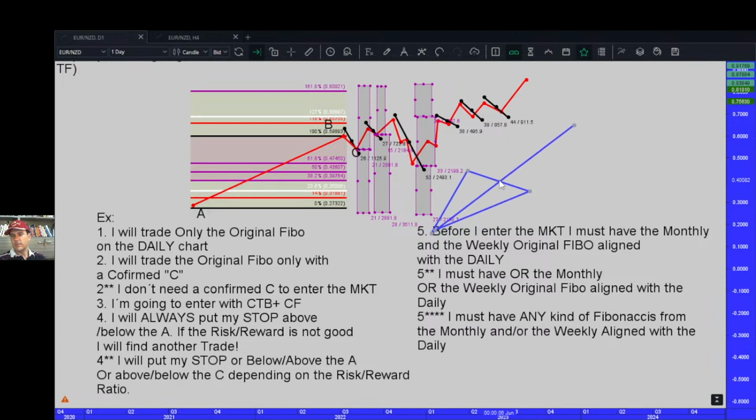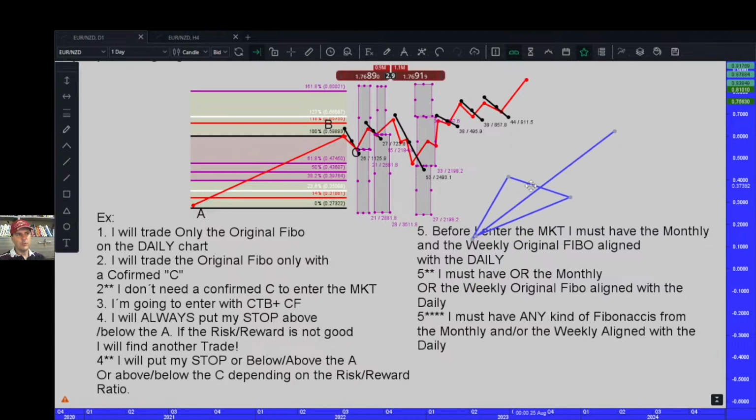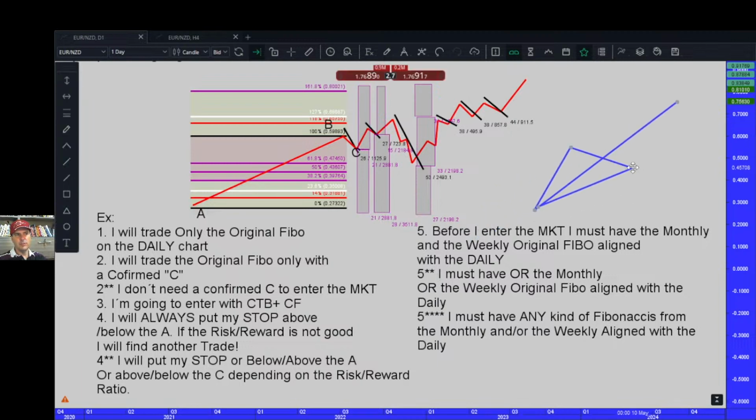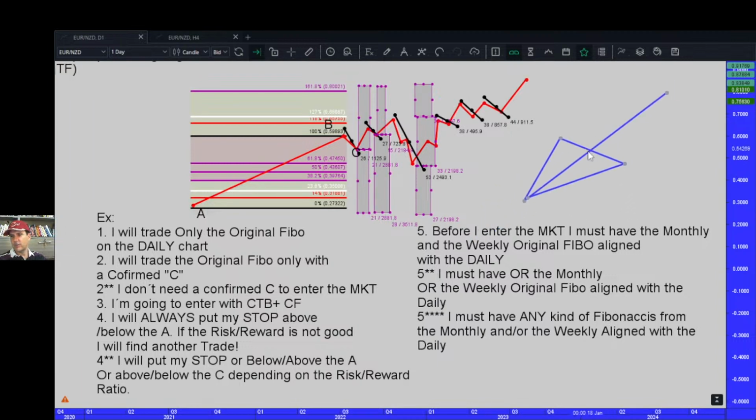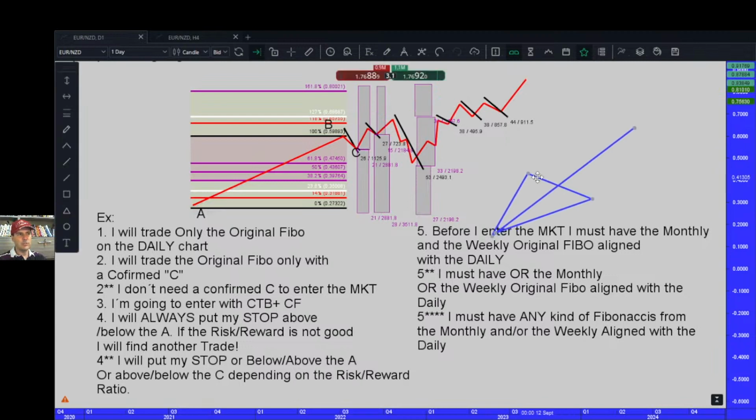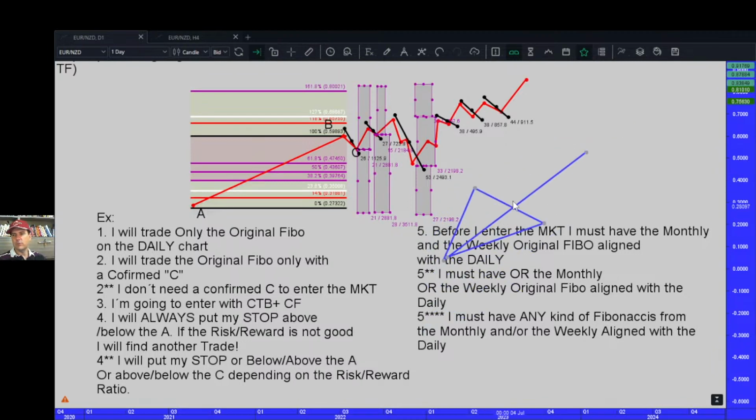Broto, second. I must have or the monthly or the weekly. Anybody else? We have three different. Hedge fund trader Alla, hedge fund trader Julius, hedge fund trader Chila, hedge fund trader Jordanka, hedge fund trader Shola, hedge fund trader Paul. Which one of those three?